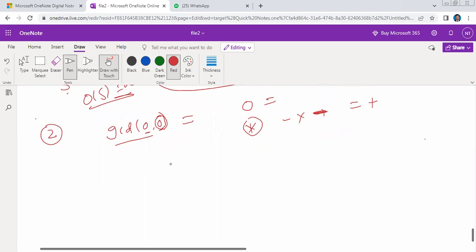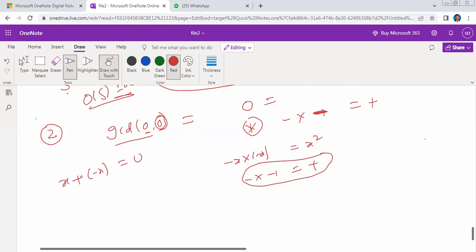I will try this one. I said, minus x into minus x is what? x square plus x square. Therefore minus into minus is equal to plus, I tried to say. By the inverse axiom under addition, x is any integer, x plus minus x is equal to 0. Under addition, the inverse of x is minus x. It is one of the axioms. I can multiply this with minus x. x plus minus x is equal to minus x times 0.